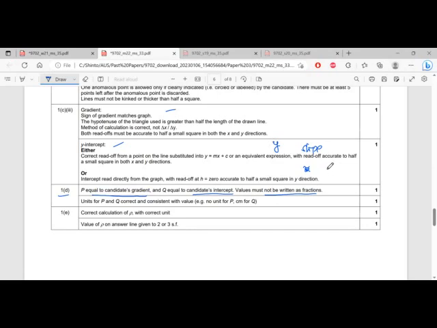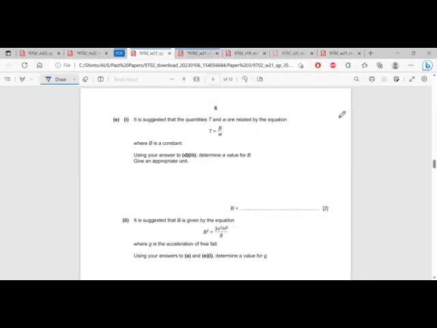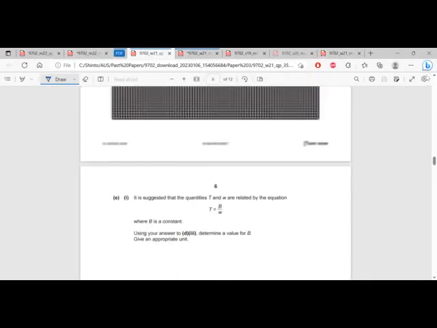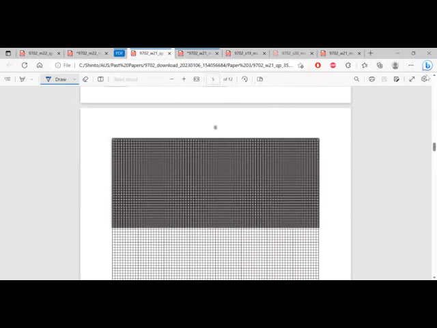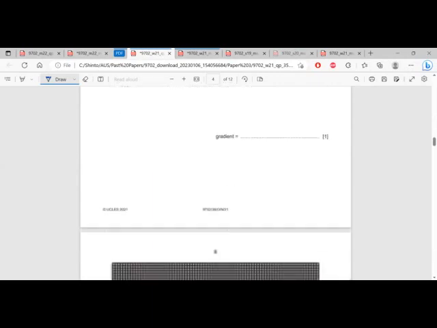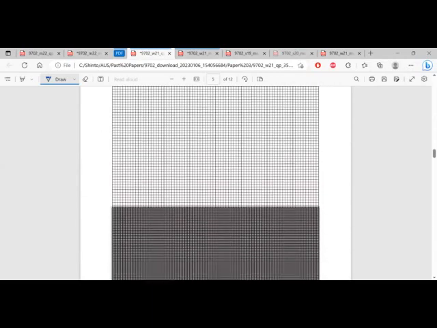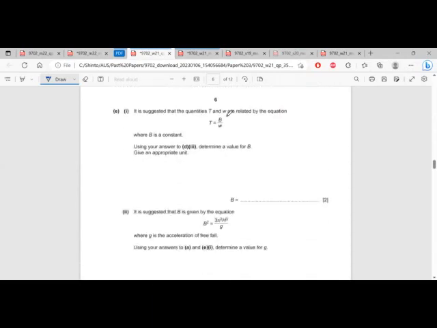For instance, I'll show you one example. Here in this particular question, the candidate was asked to plot a graph with t along the y-axis and 1 by w along the x-axis. Here they have given some unfamiliar equation.